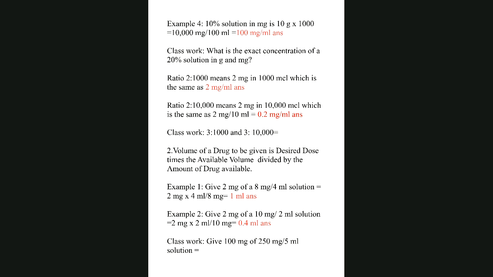So it's 20 divided by 100. If we want to convert it to milligrams, whatever you got when you divided 20 by 100, you simply multiply that by 1,000.